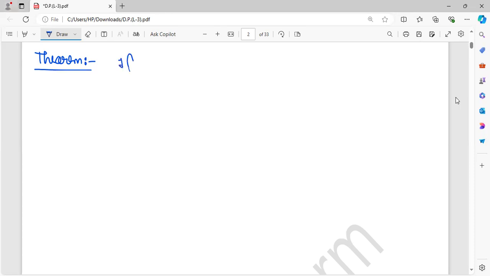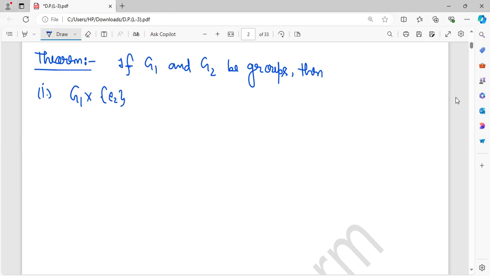If G1 and G2 are groups, then first, G1 × {e2} intersection {e1} × G2 is equal to {(e1, e2)}. Okay. What does it mean?